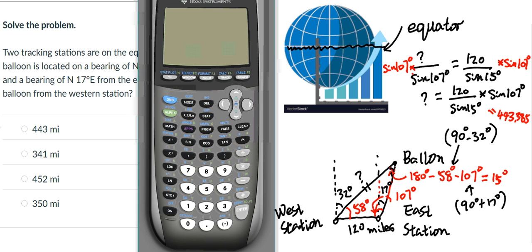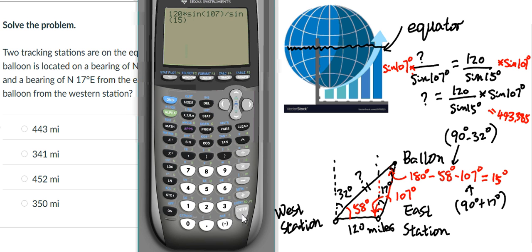And here we have a calculator. If you turn on the calculator, you do 120 times sine 107 degrees, and then divided by sine 15 degrees.